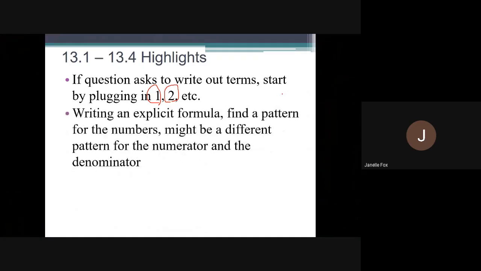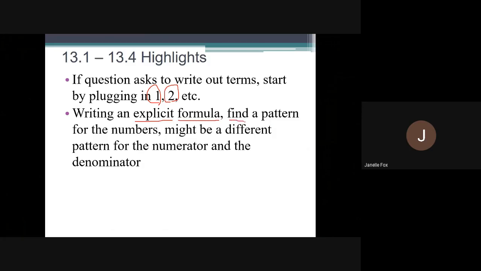There is also, they'll just give you a sequence, and then they'll ask you to come up with the explicit formula. Now, remember, an explicit formula is one that you could use to find any term. Like, here's the rule, and then go find the 20th term, the 60th term, the 100th term. So you are just going to have to look for a pattern to the numbers. These first ones that we learned, you had to be a little bit more creative, okay?